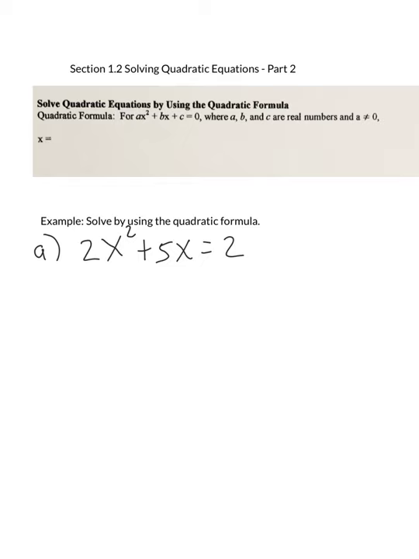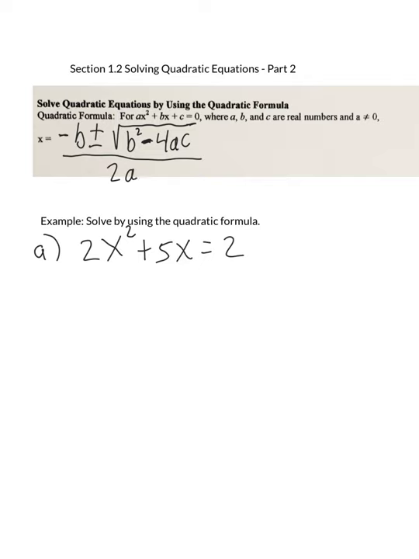So that formula starts with a negative sign: negative b plus or minus the square root of b squared minus 4 times a times c, all over 2 times a.